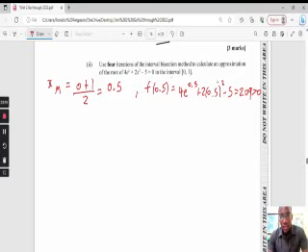Since this is greater than 0 and f of 0 was less than 0, we can conclude that the root lies between 0 and 0.5.